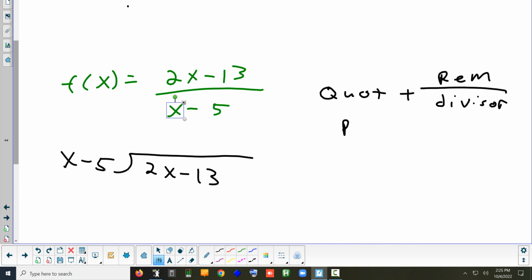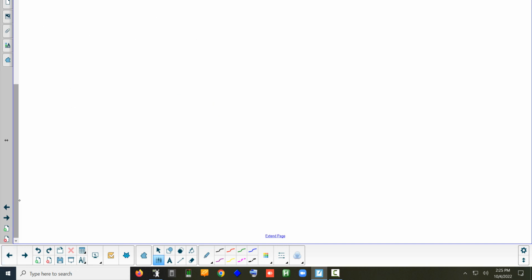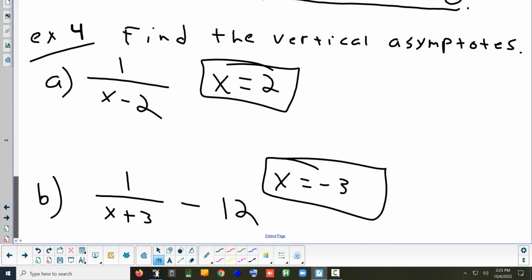Or you could think of it this way, same thing. Remainder over divisor plus quotient. The point is, when you rewrite it, the quotient is going to be that number that's normally at the end. It's going to be the negative 12 in this problem. That's going to be the quotient. So that's the number we need to find.